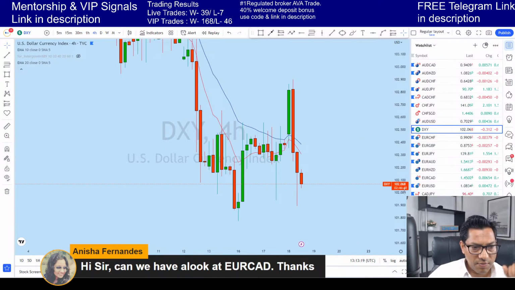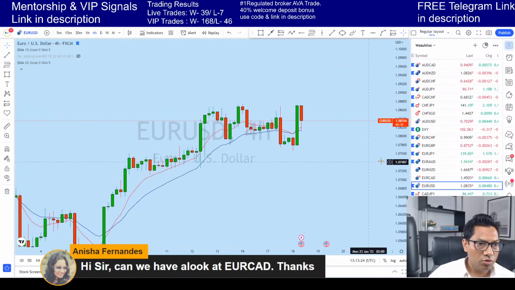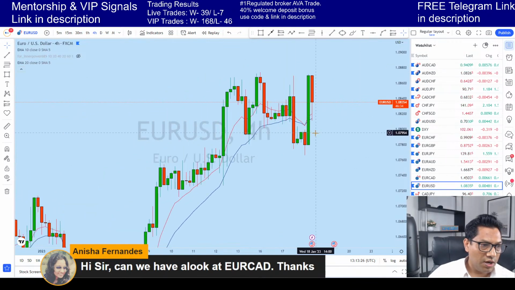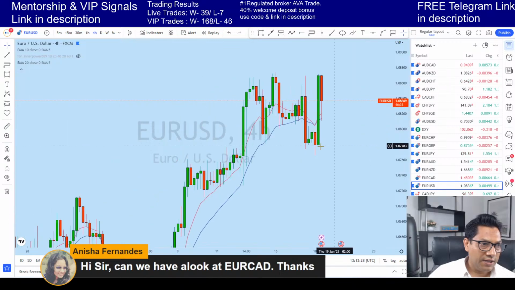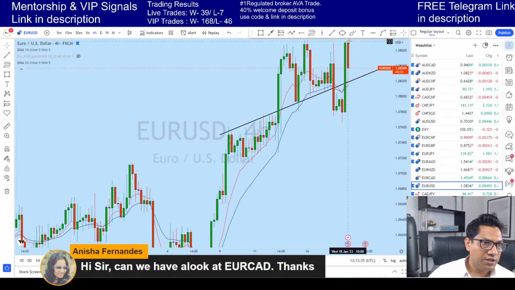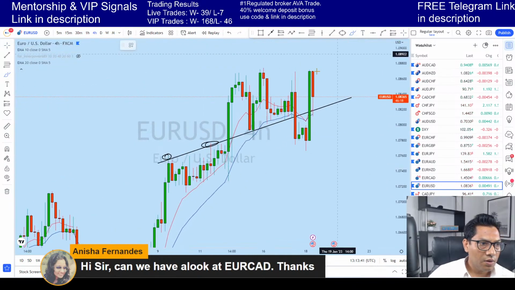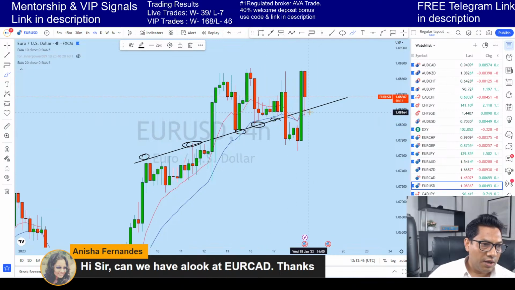So with that in mind, we can reflect it on euro dollar in the same way. We see that euro dollar has come to the level where exactly the price tested this previous resistance here, which is turning support here, support here, support here, and also acted here as a support. You can see that it is a very important level.